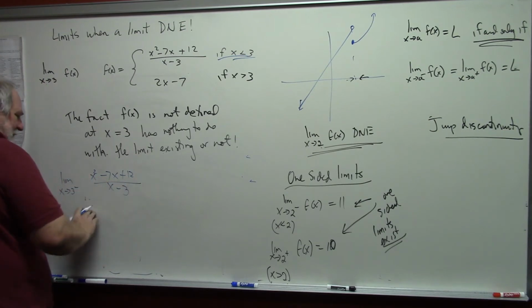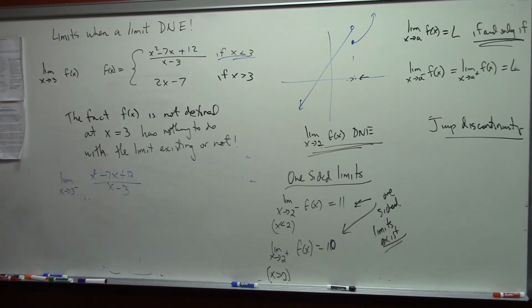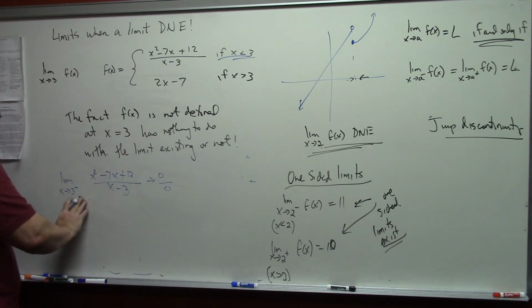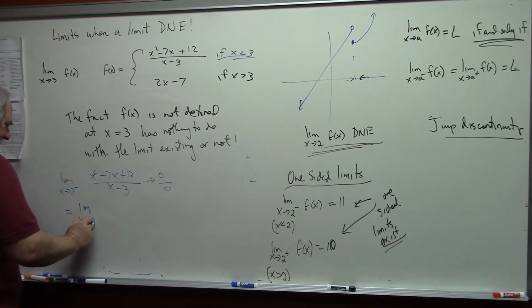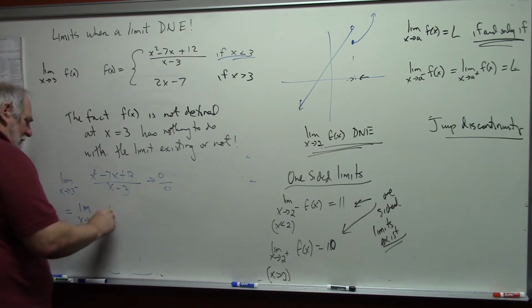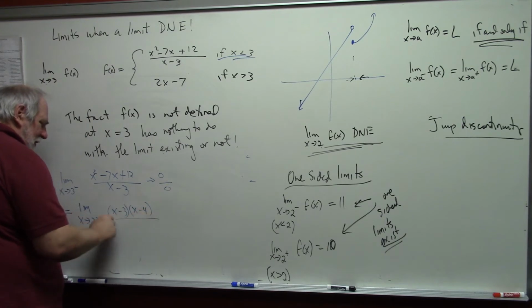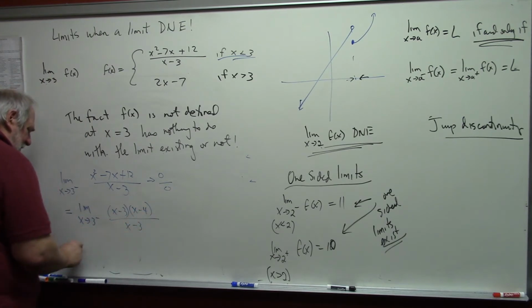I don't need that bracket. And notice here, this is our indeterminate friend. And so we have to do more work. This would be x minus 3, x minus 4 over x minus 3.